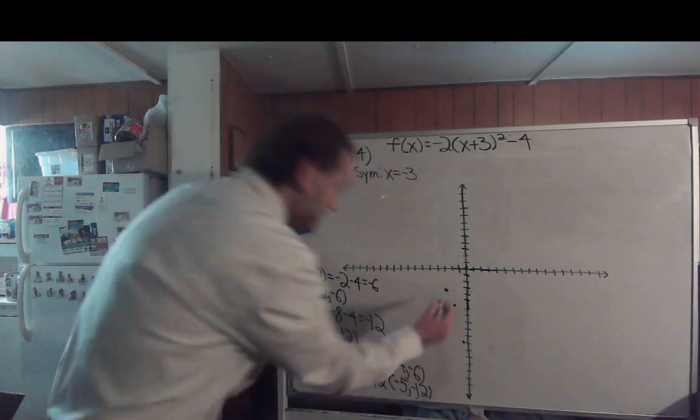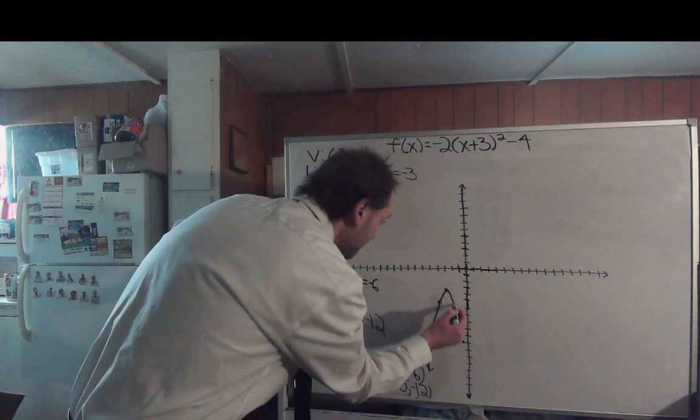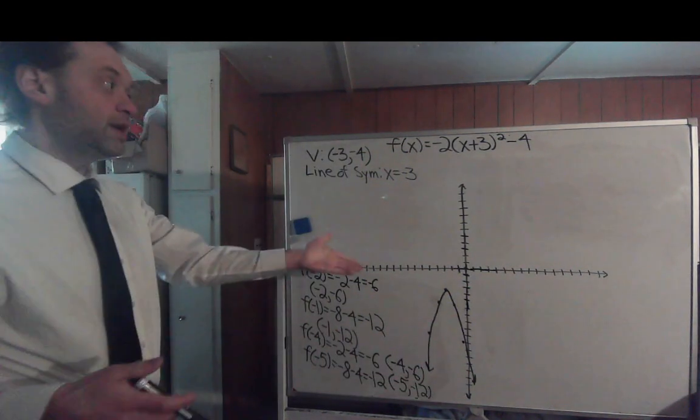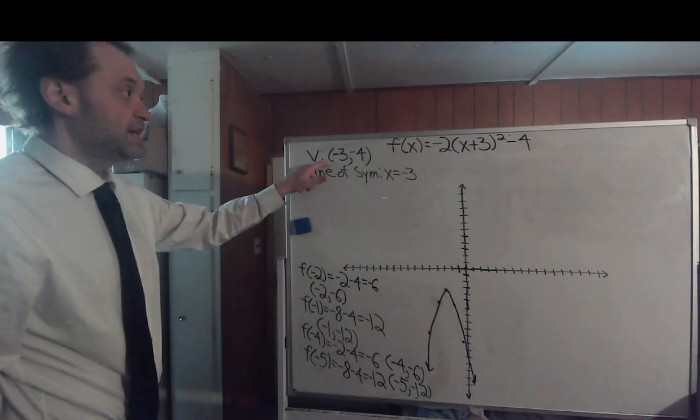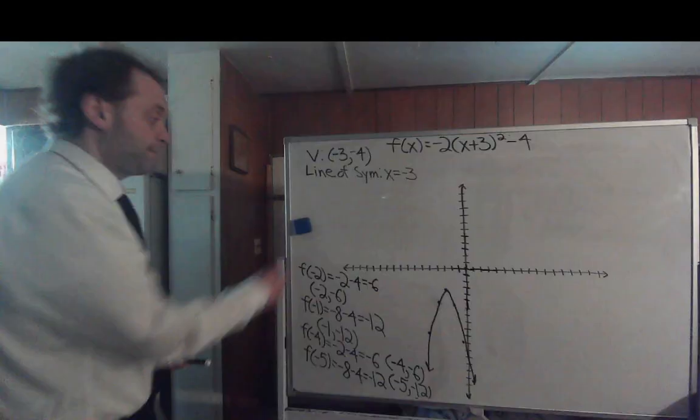So now I have sufficient points to plot this parabola. And there's my wonderful parabola with vertex at negative 3, negative 4, line of symmetry at x equals negative 3.